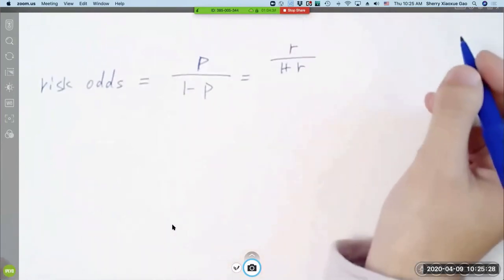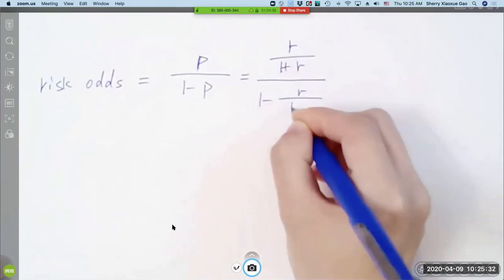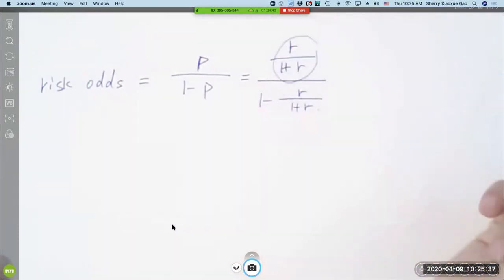And 1 minus P is equal to 1 minus R over, sorry. This is because P is equal to this term.